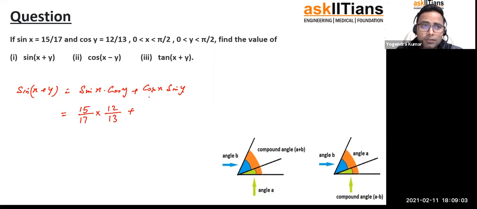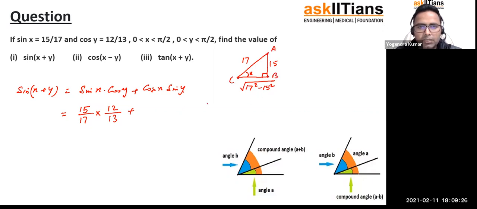Now cos of x is not given, but no problem. If this angle is x, we have here 15 and this is 17. So we can calculate 17 square minus 15 square. This is A, B and C, right?